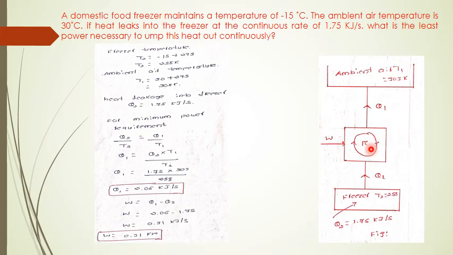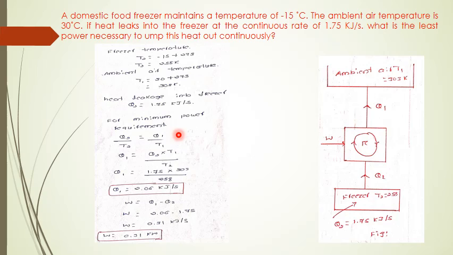A reversible heat engine here means a refrigerator, with the ambient temperature and the freezer. From the given data, freezer temperature T2 is 258 Kelvin, ambient temperature is 303 Kelvin, and heat leakage into the freezer is 1.75 kilojoule per second, which is Q2.